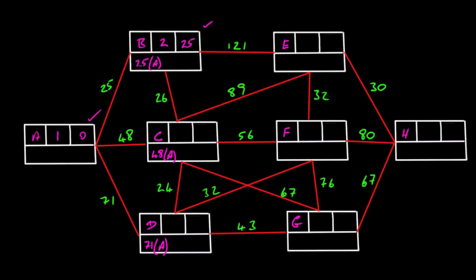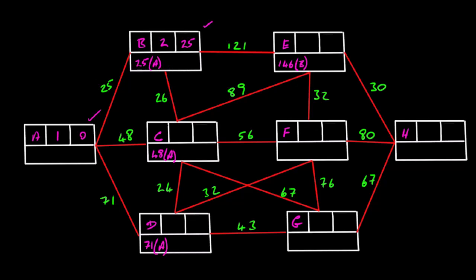What you do next is you look at all the arcs from B. So we've got an arc out along here, and we've got an arc down along here. So let's just add 25 plus 121. So that's going to be 146. That came from B. So that's the working value for E. Let's come down along here.